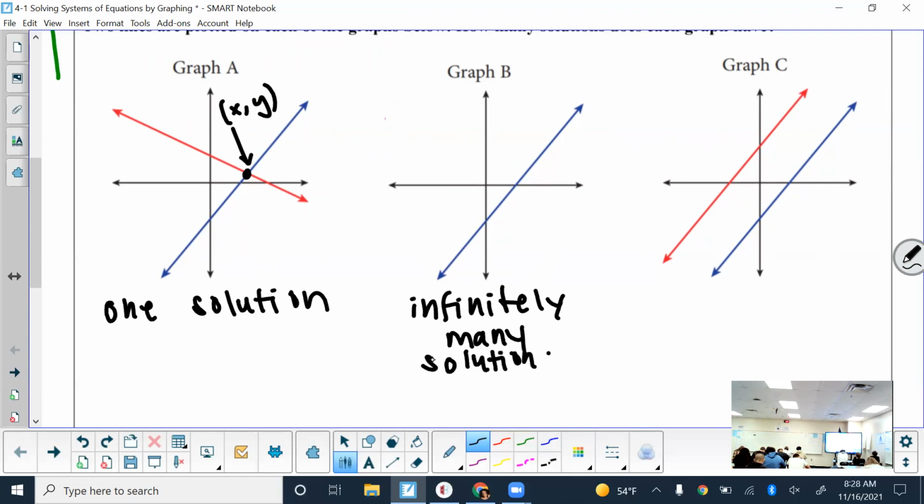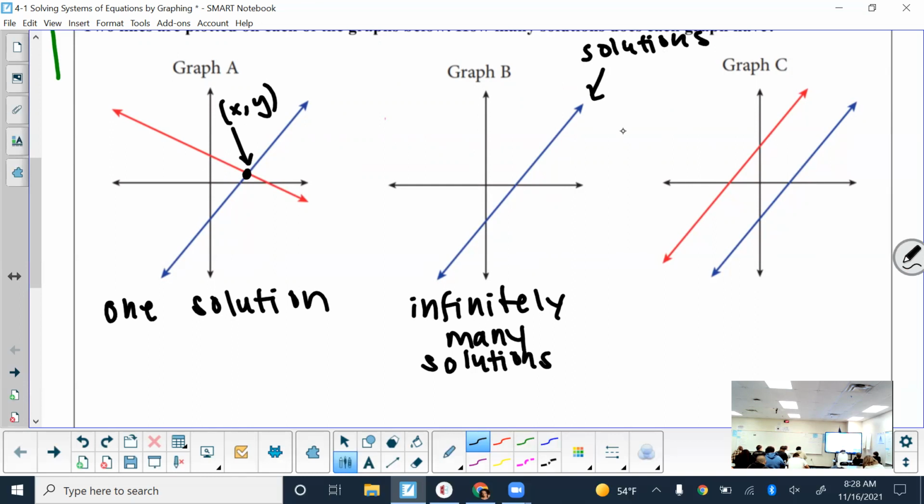Because if the solution is where the lines intersect and they happen to be right on top of each other, then anywhere on this line are solutions for both systems. I mean, there's infinitely many because they go on infinitely.